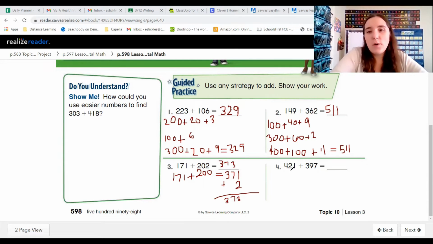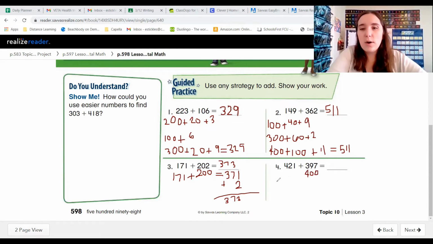Okay, last one here. 421 plus 397. I'm going to use the same strategy because 397 is really close to 400. It's only 3 more. So I'm going to do 421 plus 400. Well, 4 plus 4 is 8. So 400 plus 400 is 800.